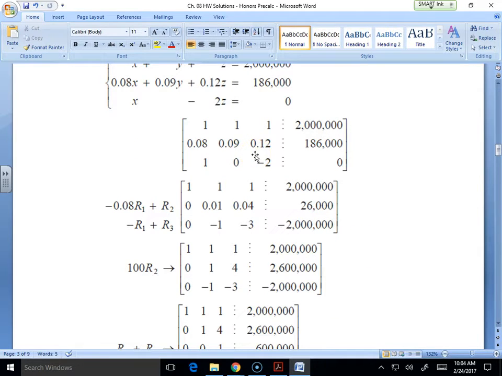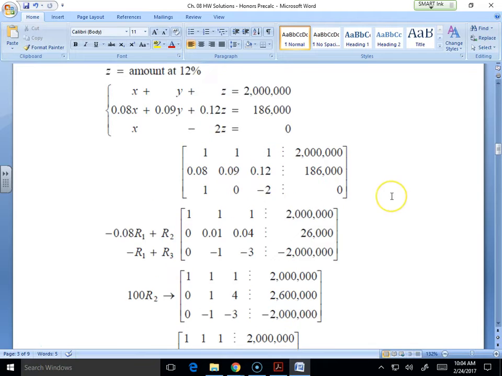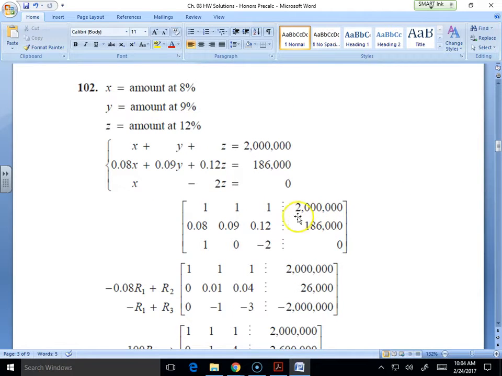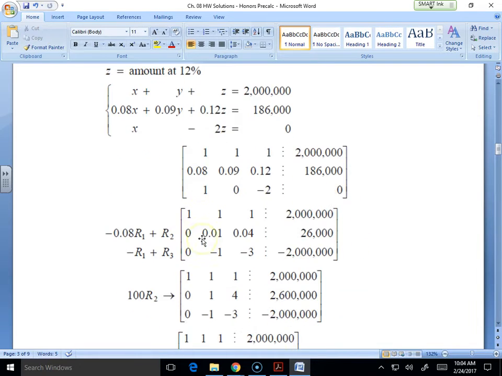What's the very first thing I would have told you to do? Looking at this matrix, what's the very first thing you should have done? You could have switched the first and the last if you wanted to, but there's something even a little bit more critical if you're doing this by hand. Do we like decimals by hand? How do we get rid of decimals?